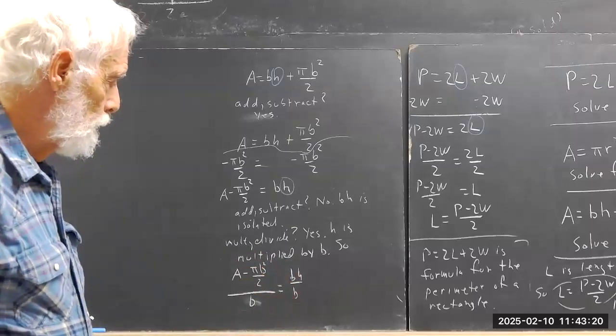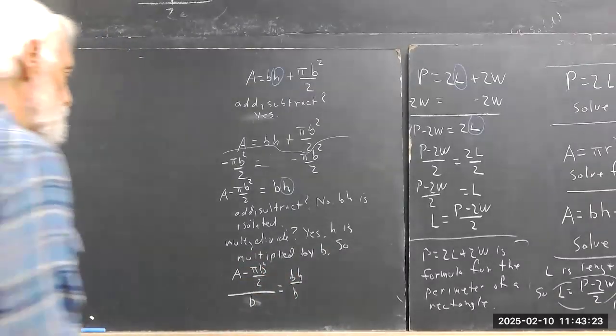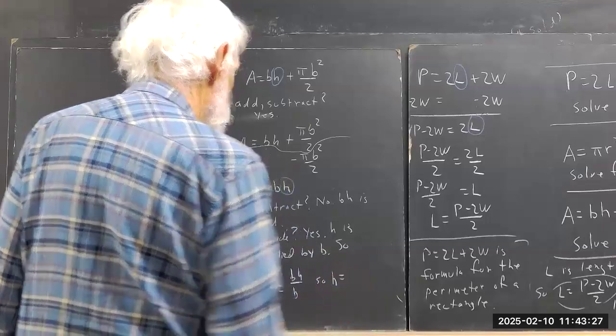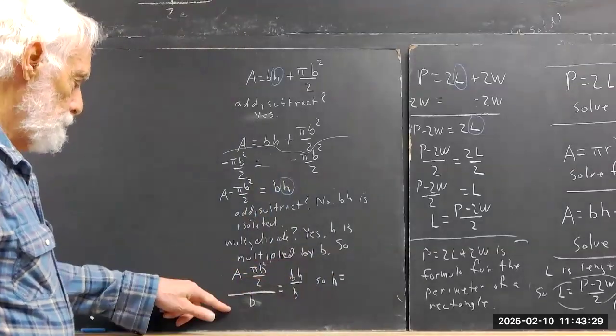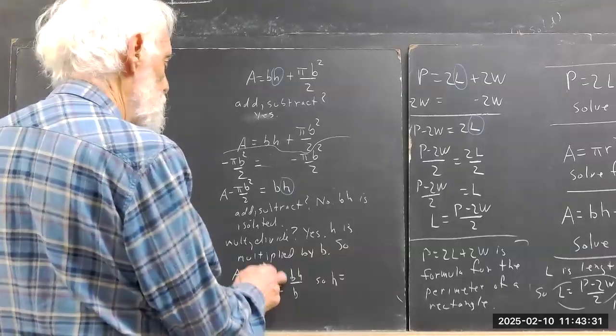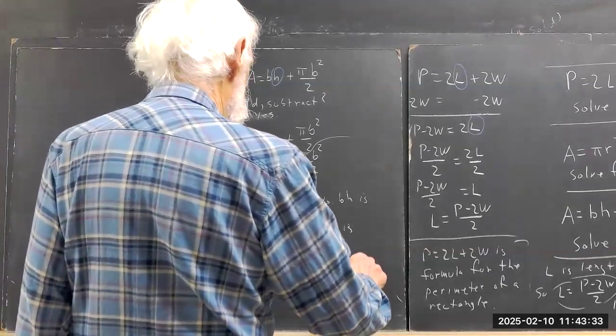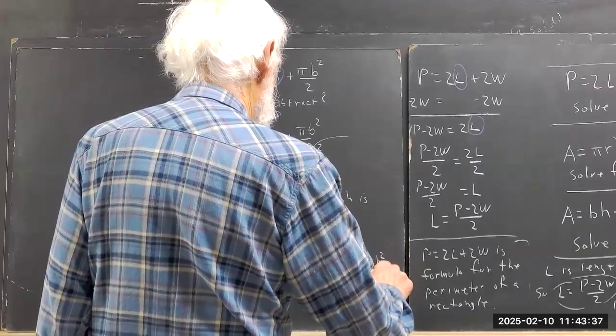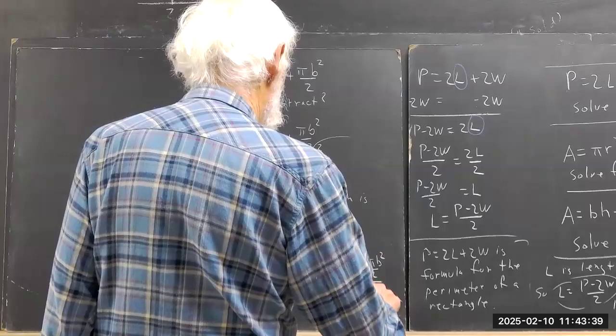That's equal to bh over b. So h will equal what's over here, since it was divided by b. h equals a minus pi b squared over 2, all divided by b.